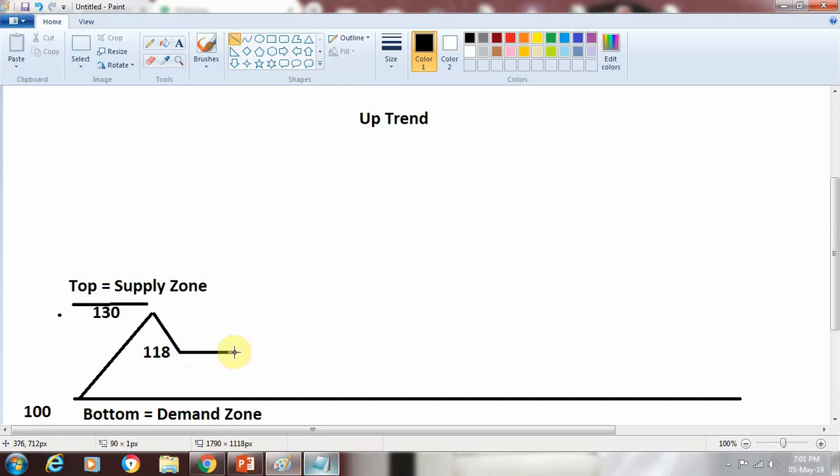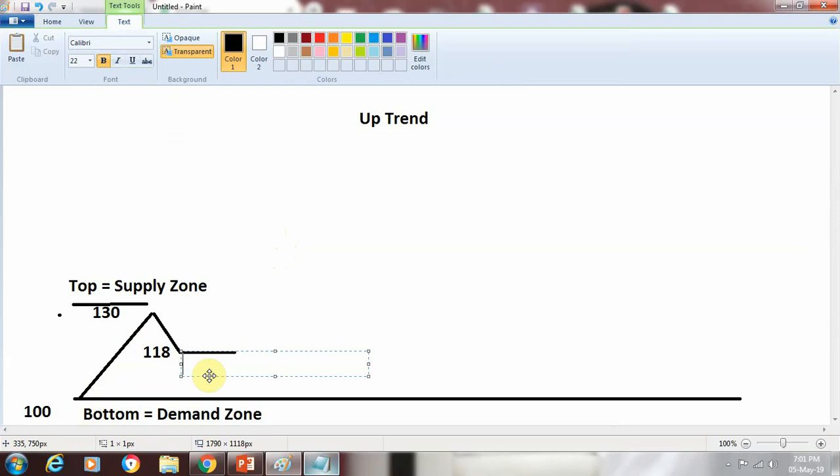So now what happens at 118 is that my demand zone or my bottom is now moving higher. My earlier bottom was 100 and now my new bottom is at 118, right?